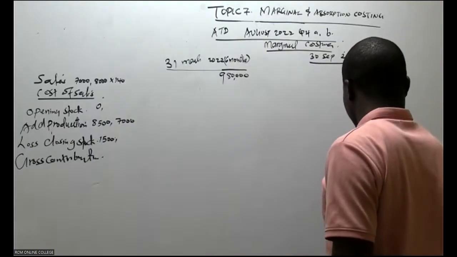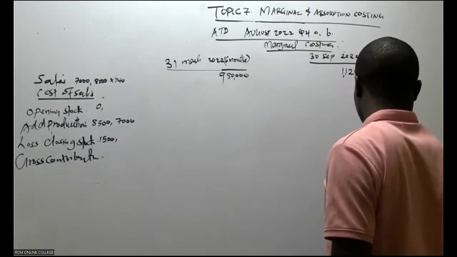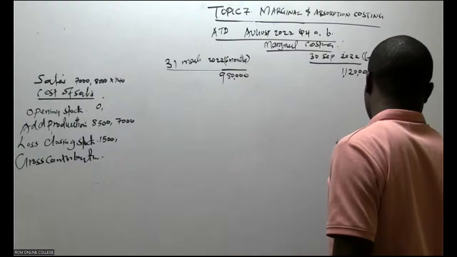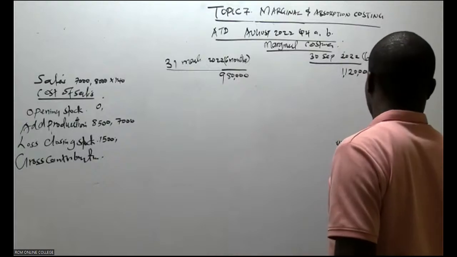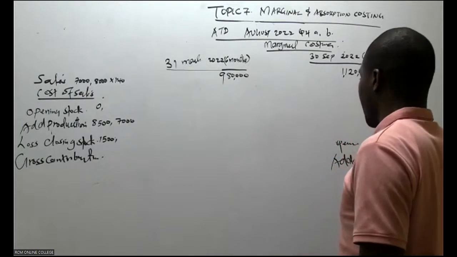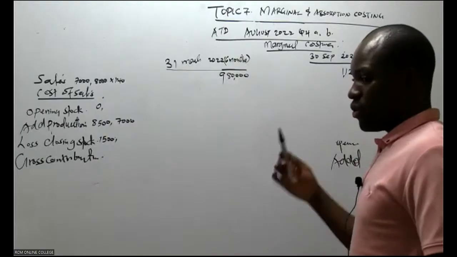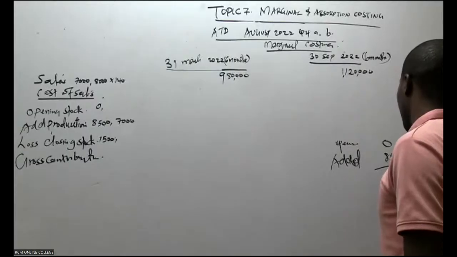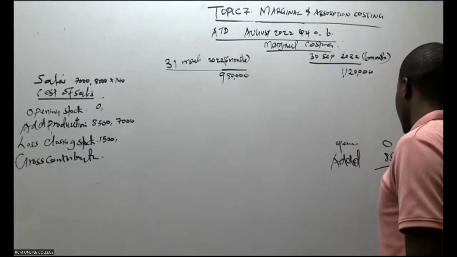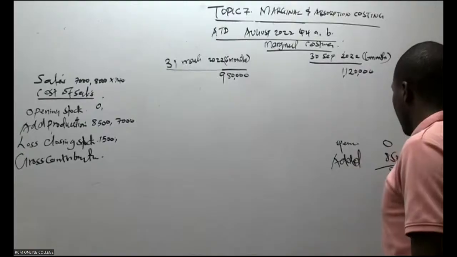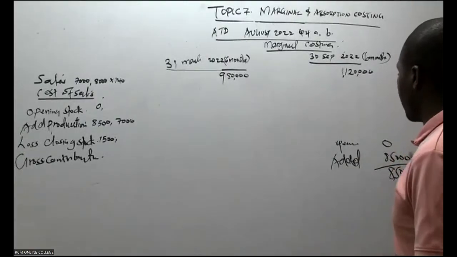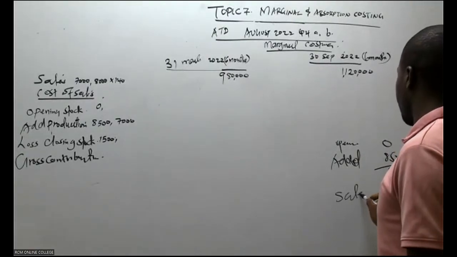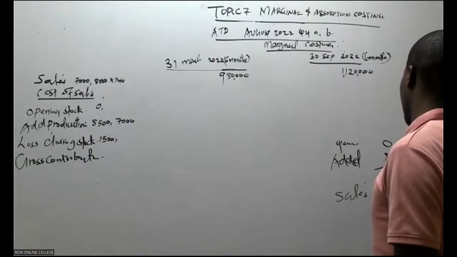You added from the production department, you added 8,500. But now, how many units do we have that you can sell? You only sell what you have. You started with 0, but you're able to produce 8,500. So the goods that are available for sale are 8,500. But you managed to sell 7,000.